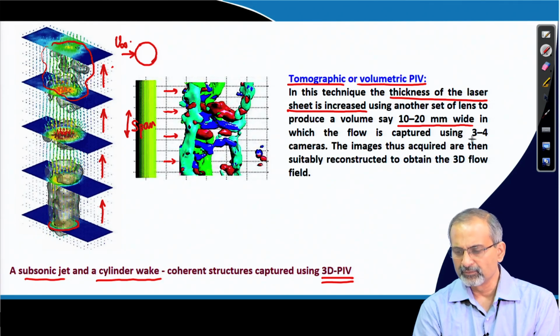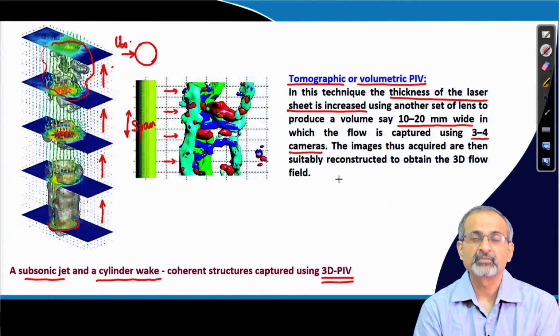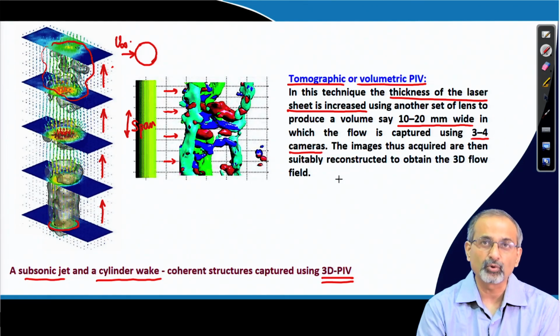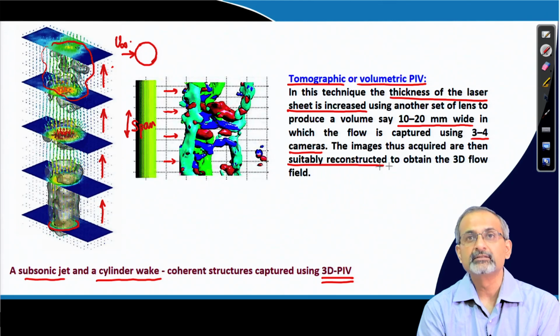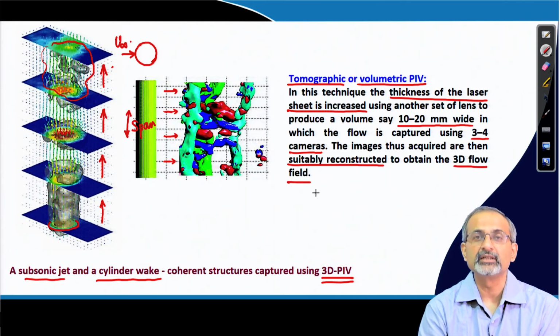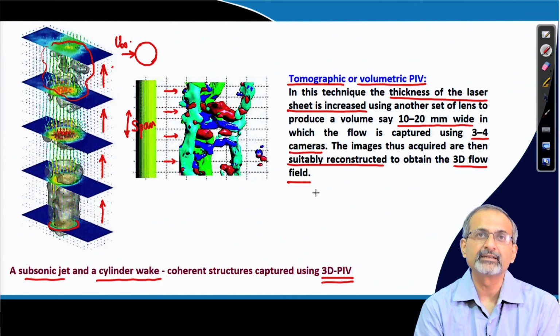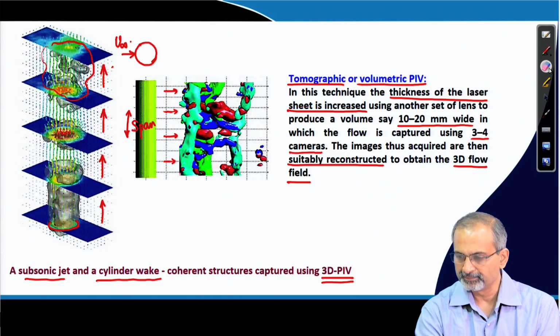And this flow now has to be captured with many more cameras, at least 3 or 4, pointing at the flow in different orientations, and the images that they independently acquire have to be suitably reconstructed, so that we can finally obtain the 3D flow field. So, it is a much more complicated process, but certainly doable.